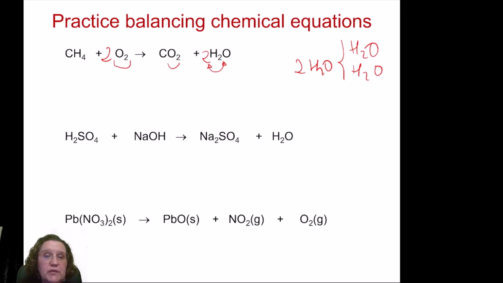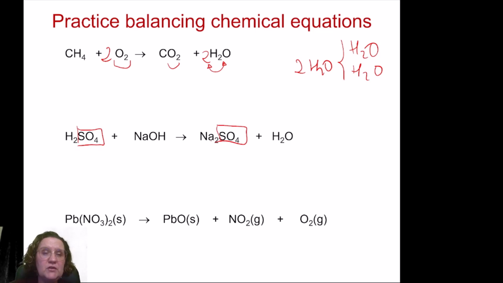If I now move to the next one, I generally tend to leave oxygen and hydrogen towards the end. So I first balance any atom that is not hydrogen or oxygen. Following my rules, the first atom that is not hydrogen or oxygen is the sulfur. And I'm going to be a bit lazy because I can see that I've got this SO4 here, and I've got it also here.